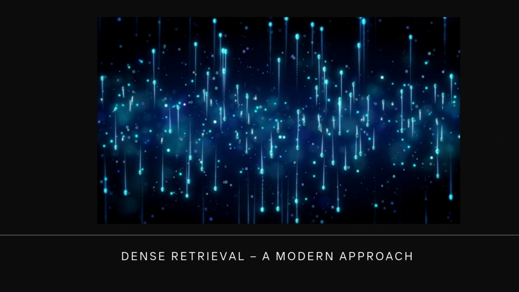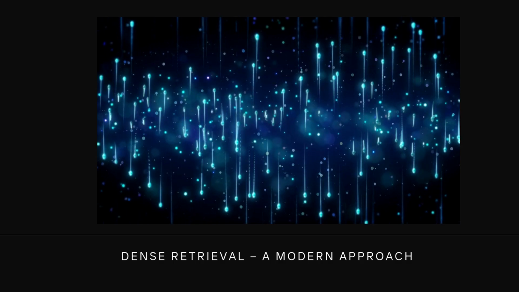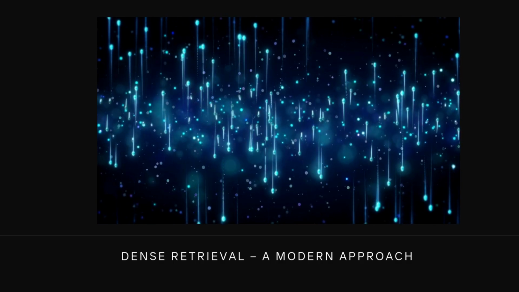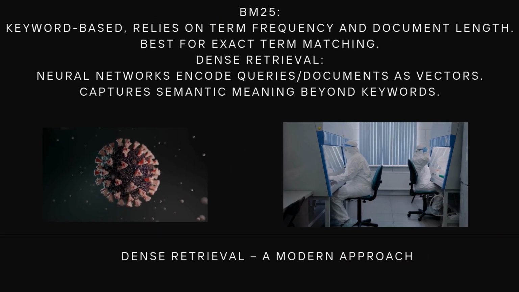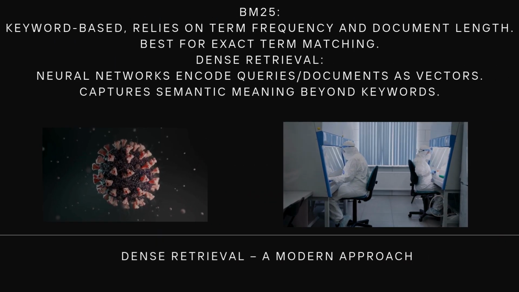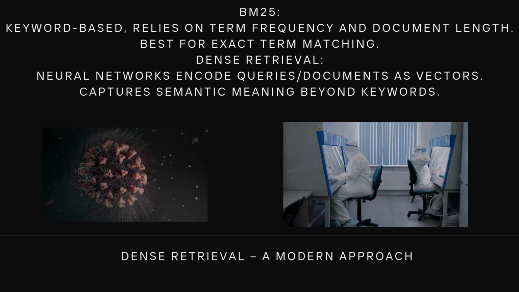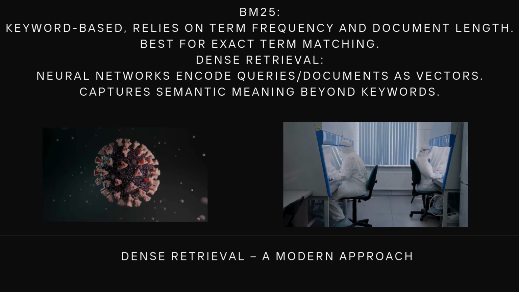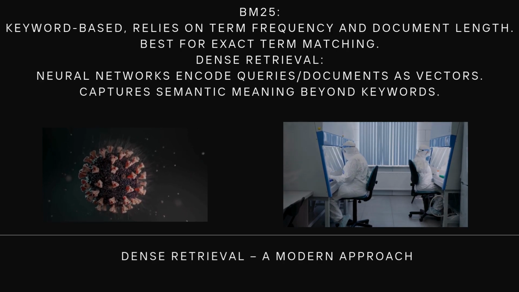While BM25 excels at keyword matching, dense retrieval takes a different route by leveraging neural networks and embeddings. Dense retrieval methods, like those powered by FAISS, Facebook AI Similarity Search, or DPR, dense passage retrieval, use vector representations to encode both queries and documents into dense vectors. The retrieval process involves computing the similarity between these vectors to find the most relevant documents.